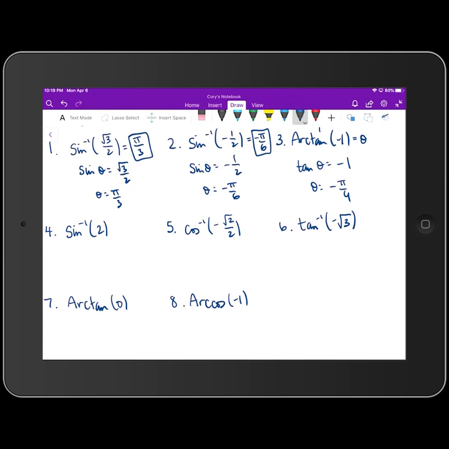Okay, so when we look at 4, the inverse sine of 2, again, we want to set that equal to some angle theta. So if we write that as an equivalent trig equation, we get the sine of theta is equal to 2. Well, when does sine equal 2? And the answer is sine never equals 2. The only way sine can be equal to 2 is if we multiplied out front of that function by some number that is 2 or larger, which would vertically stretch that graph.